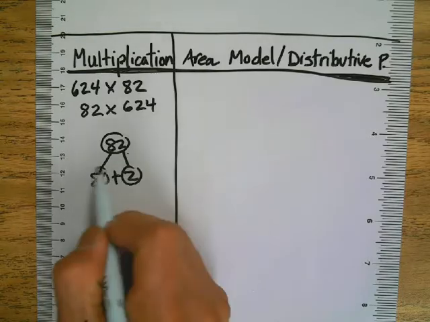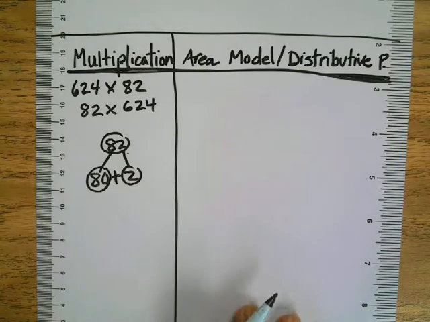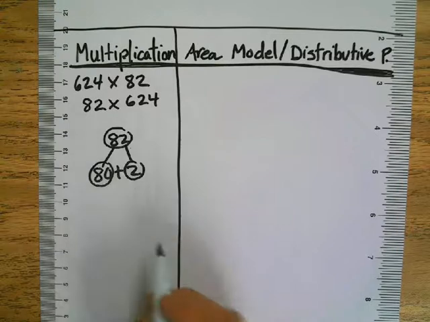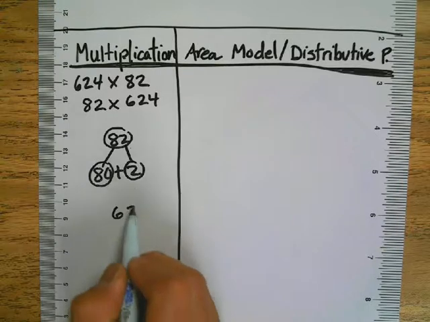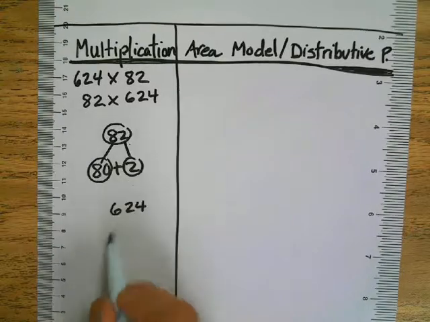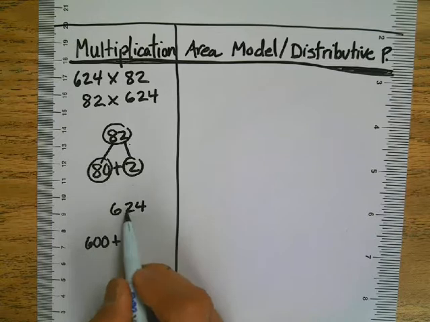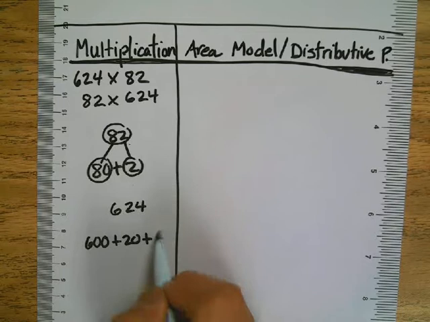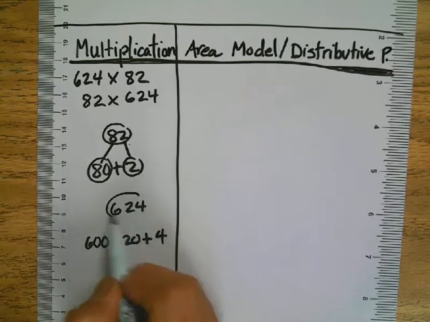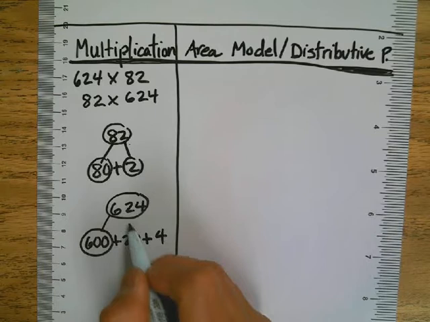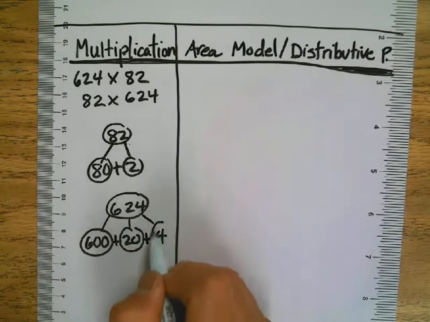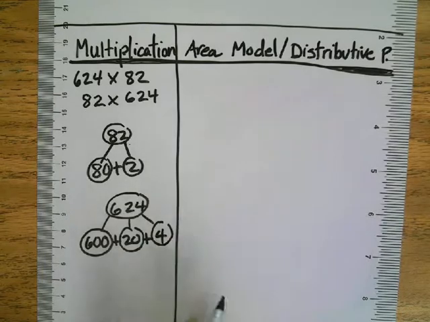And 624 can be decomposed into 600 plus 20 plus 4 ones. Now we can connect it so we can see that distributive property, which means we are writing the number in expanded form. So this is crucial to help us create the area model.